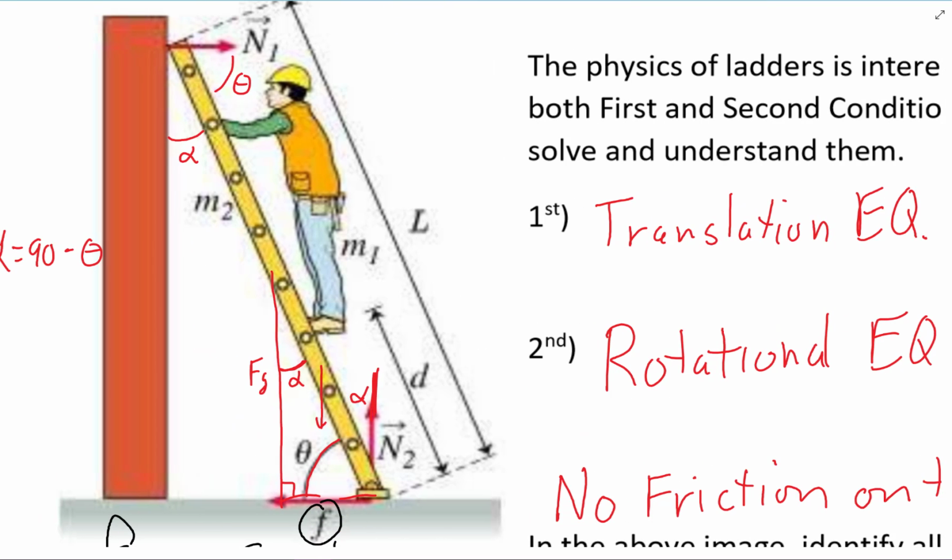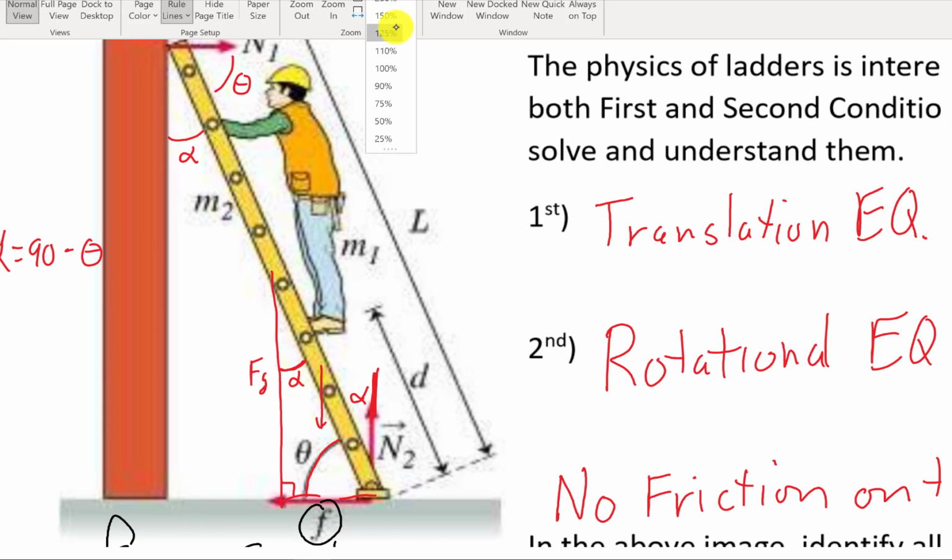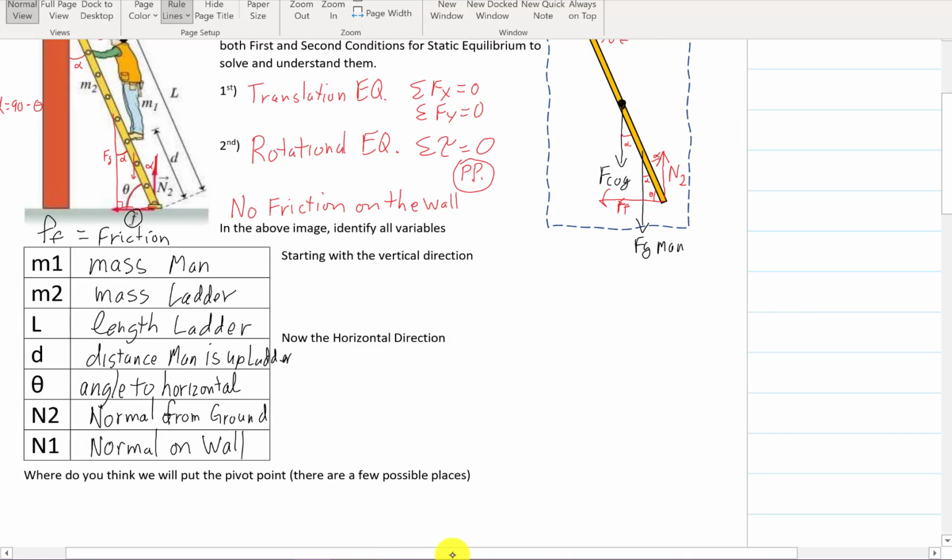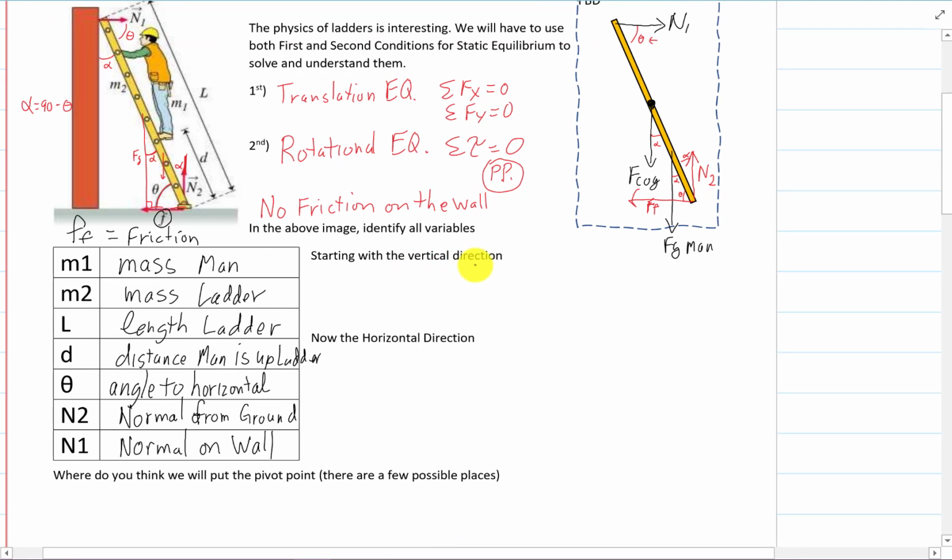Okay, good. Let's zoom out again. So starting with the vertical direction, why? Well, why not? We have sum of the forces in the y is equal to 0. That means the forces up equals the forces down.